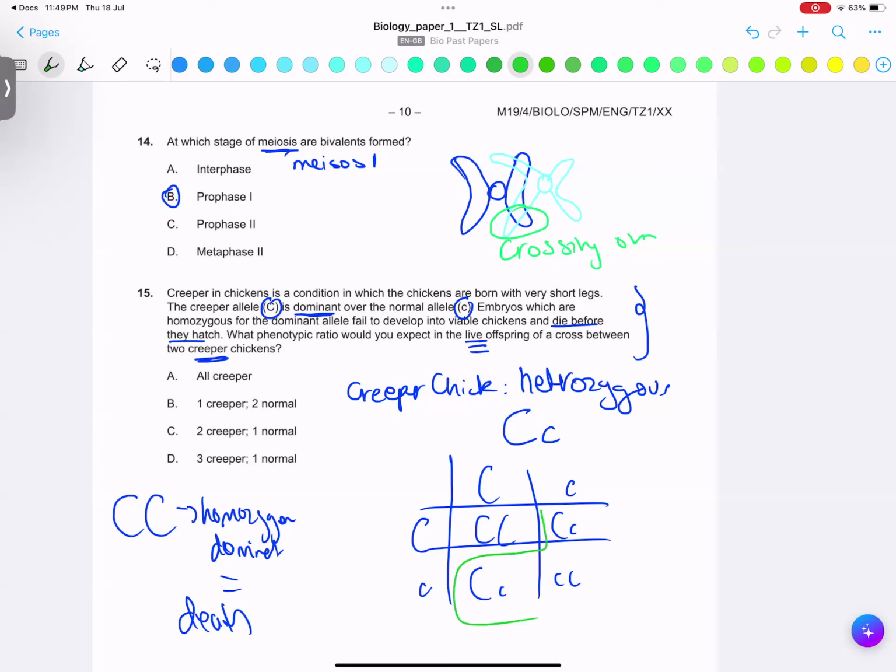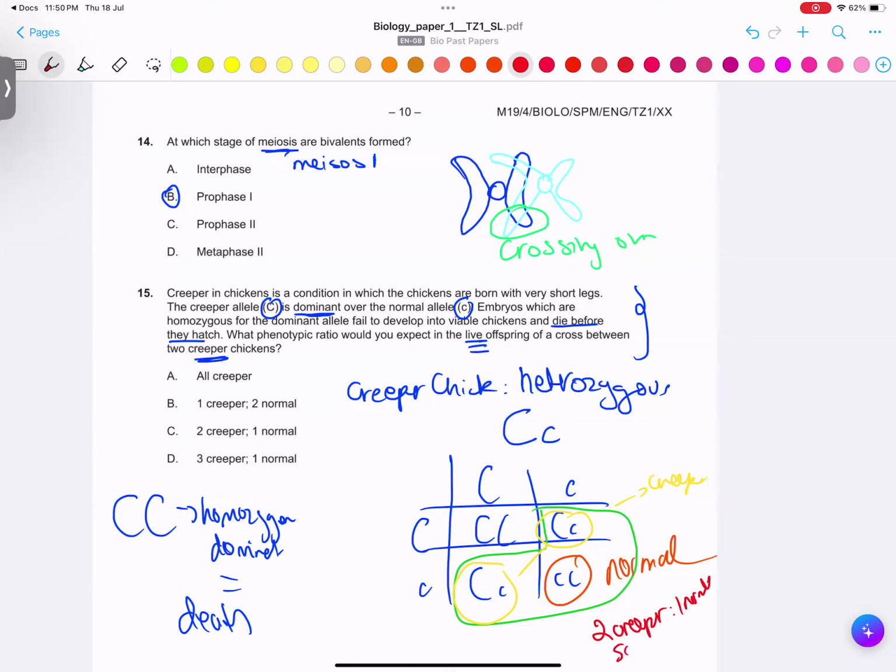We have to talk about these three because all of these will be alive, right? But since it's dominant, these two will be creeper, and this would be normal. So we have two creeper, one normal.